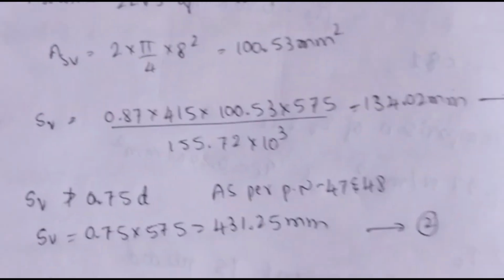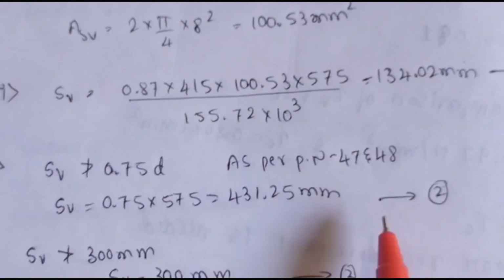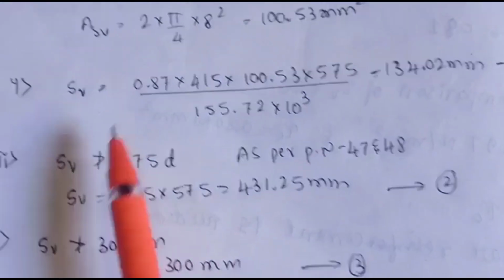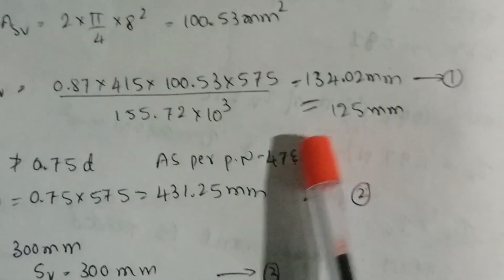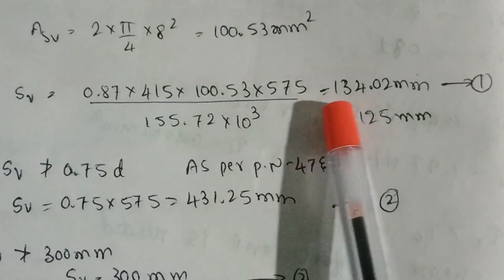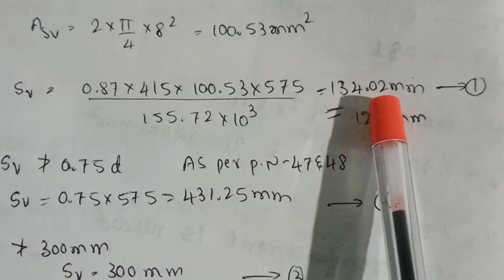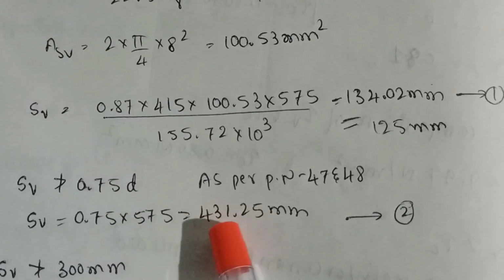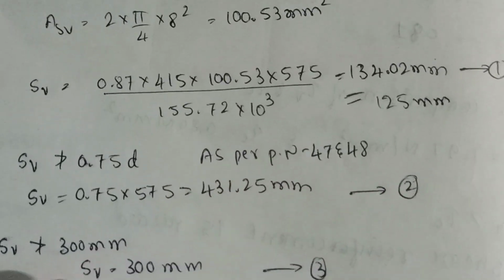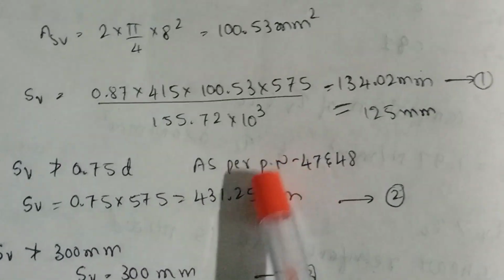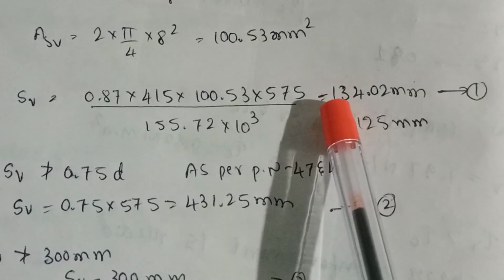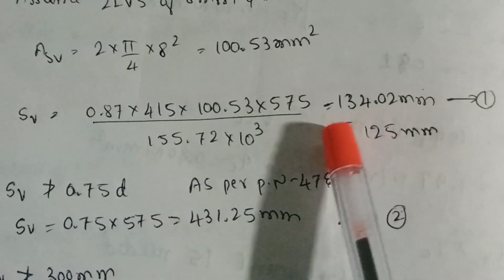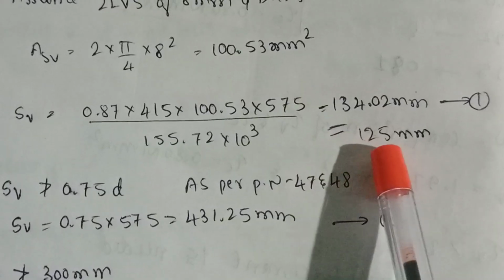So now our spacing of stirrups should be the least of these three. So which is least? The first one is 134.02 mm, the second one is 431.25 mm, and the third one is 300 mm. So which is least? The 134.02 is least. So I am rounding it to 125 mm.